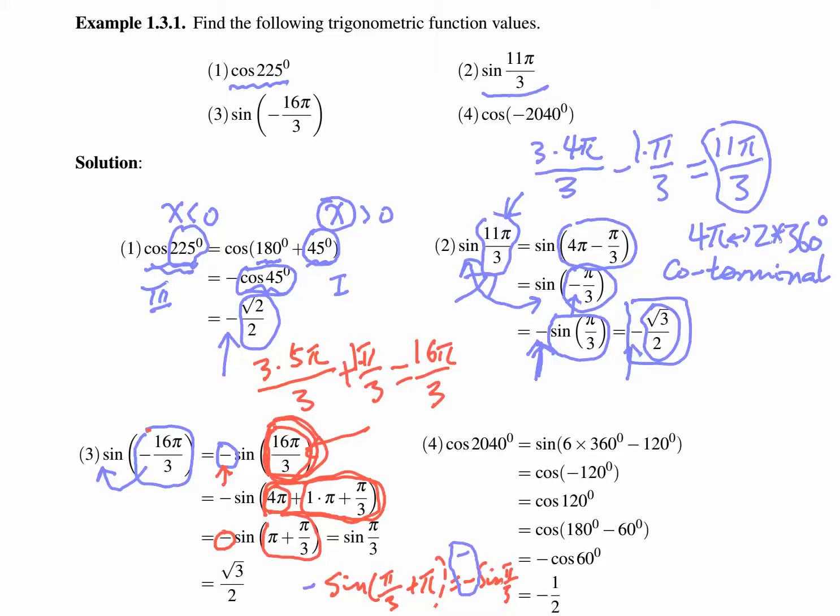So that's why when you put negative sine of pi plus pi over 3, you have a positive sine pi over 3. And sine pi over 3 is radical 3 over 2.